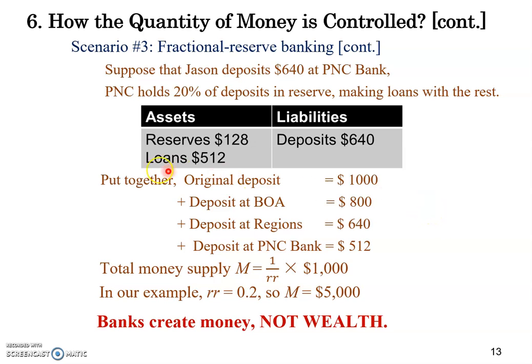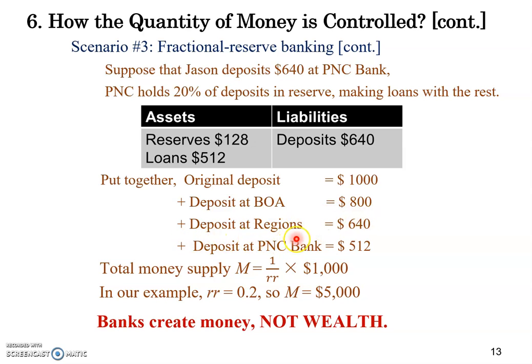If we make a stop here and try to calculate the change in money supply, we put everything together. So the original deposit is $1,000. This is held by Connor, and then the deposit at BOA is $800. I believe this is held by Emma, right?